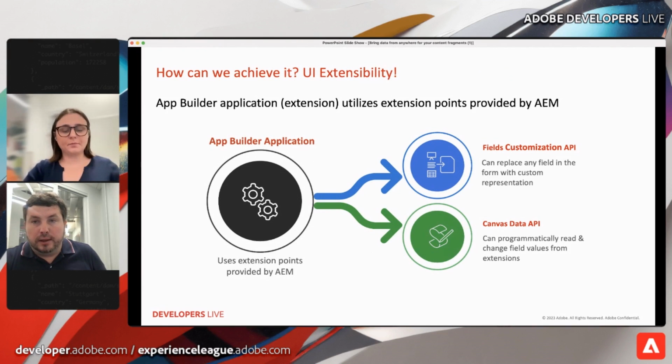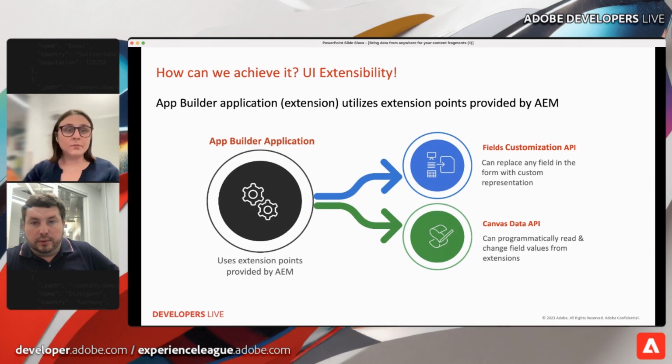We need to create an extension which will enhance the basic functionality using the extension points provided by the instance. For the extension, we will use a builder which integrates with various Adobe products. It also has the capability to generate a significant part of the code we need, of course, minimizing our work. As you see on the slide, within our extension we will use two extension points.